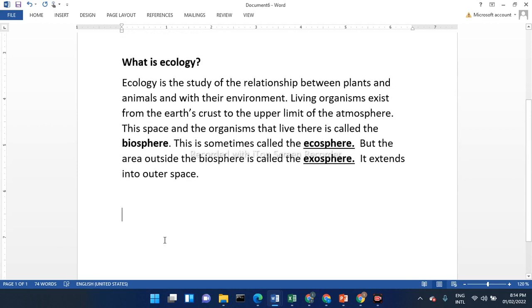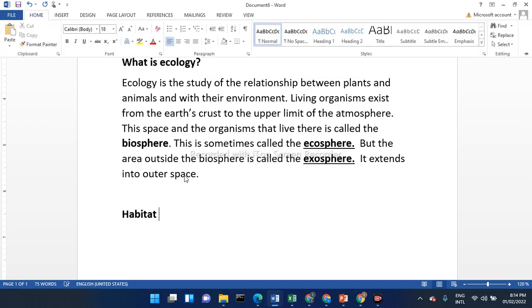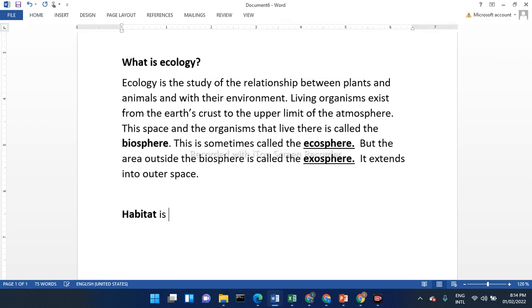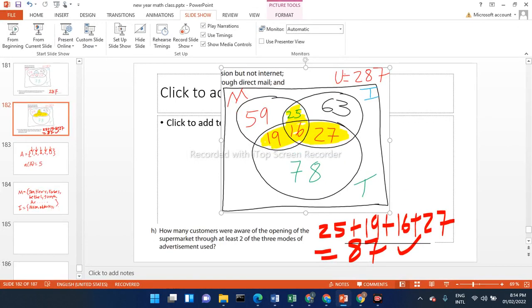Now let's do terminology. The first terminology we're going to be looking at is habitat. So what do we mean by habitat? An environment where plants and animals reside. Yeah, where they live. Okay. Now let me just mention something for a moment.